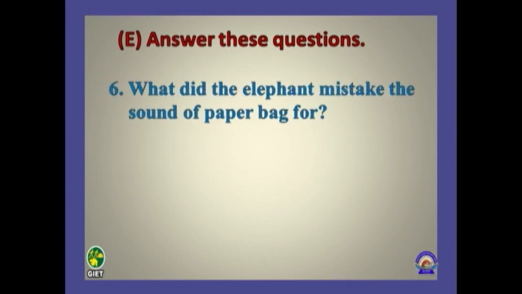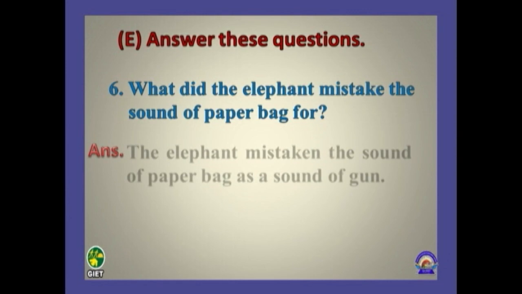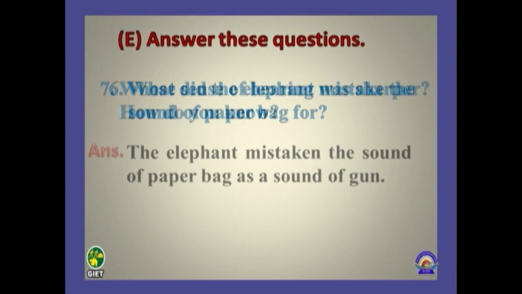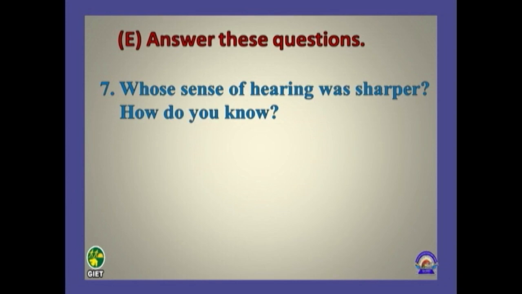Sixth, what did the elephant mistake the sound of the paper bag for? The elephant mistook the sound of the paper bag for the sound of a gun. So he trumped loudly and ran away. Seventh, whose sense of hearing was sharper?